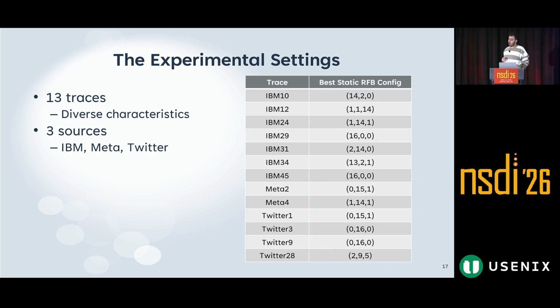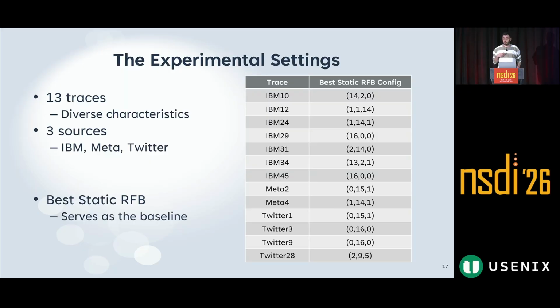We are going to perform a grid search for each of these traces in order to find the best static RFB pipeline configuration, and we are going to use it as a baseline for the next stage. It also gives us some knowledge about the characteristics of each of the traces. For example, if we are looking at ABM12, we can see that it is more burst inclined, so the LBU gets the majority of the allocation of the configuration.